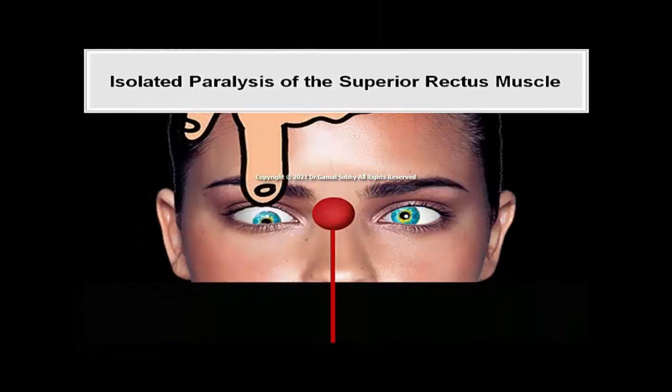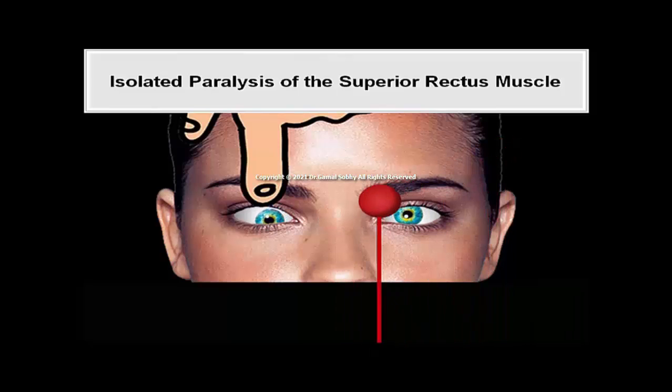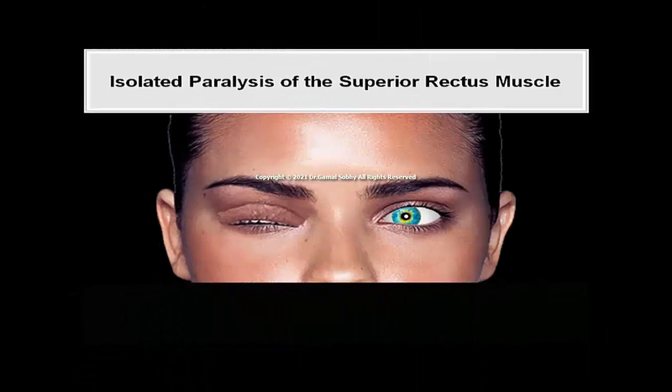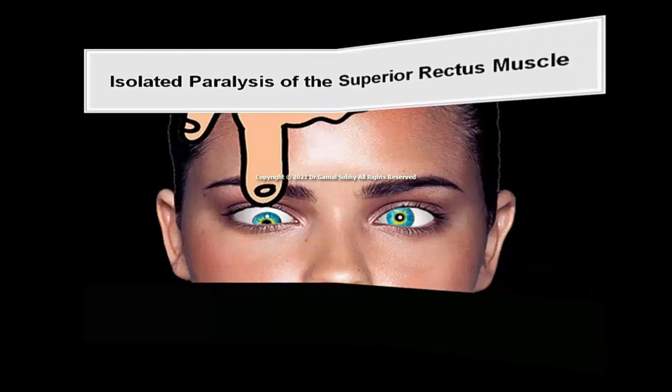In isolated paralysis of the superior rectus muscle, the paralyzed eye is hypotropic in primary position. There is limitation of elevation in abduction. Elevation is normal in adduction. There is overaction of the ipsilateral inferior rectus and the contralateral inferior oblique muscles. There is a small exotropia, and absent Bell's phenomenon.